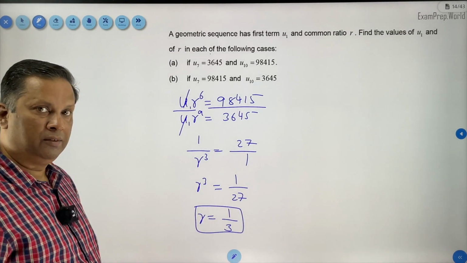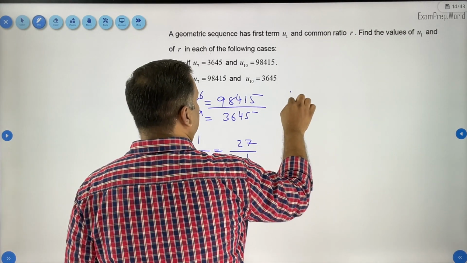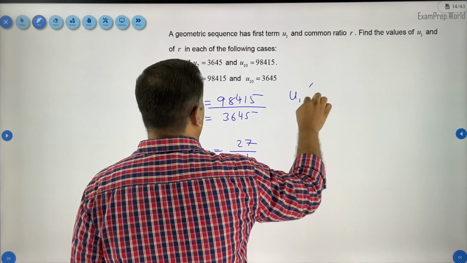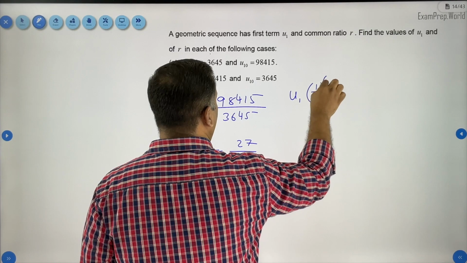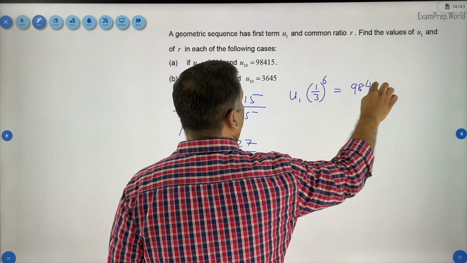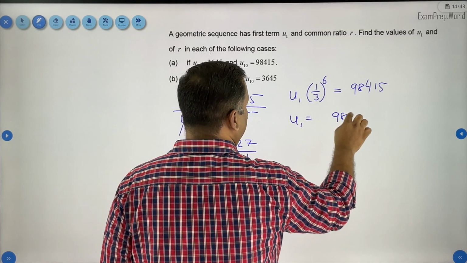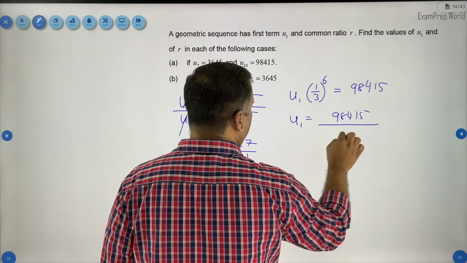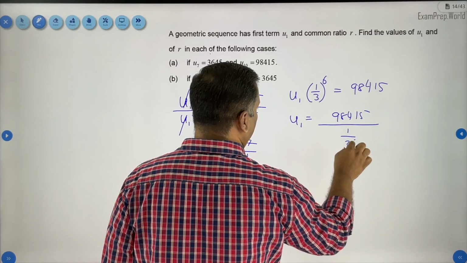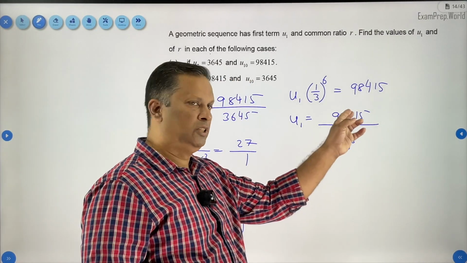Now you have the value of r, right? If you have r, input it in here. So u1 times 1 by 3 whole to power 6 equals 98415. Therefore, u1 will be equal to 98415 divided by 1 by 3 to power 6. Right? So basically you have to multiply 3 to power 6 into this.